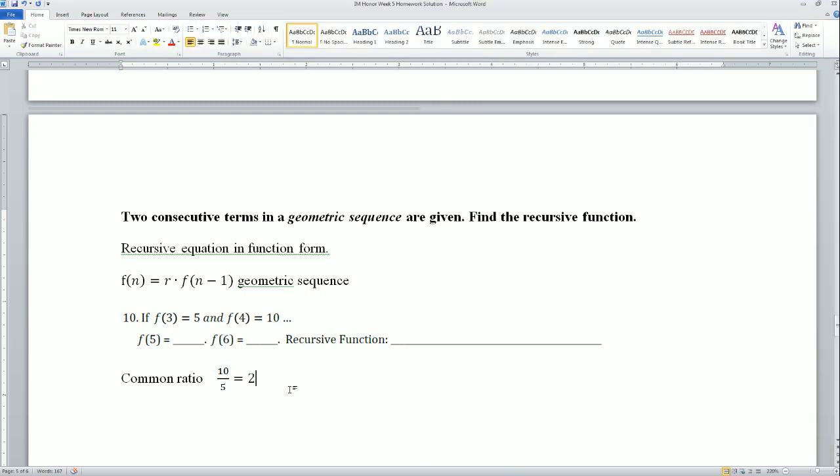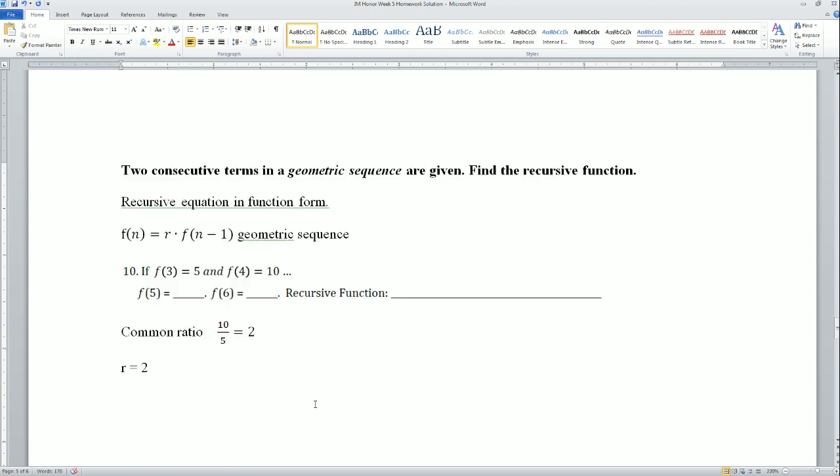So, my common ratio here, R is equal to 2. Okay. Good. Alright, so, again, plug it into the geometric sequence. R here is 2. Good. Alright. So that's the geometric sequence recursive function.